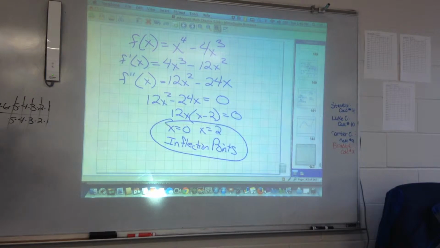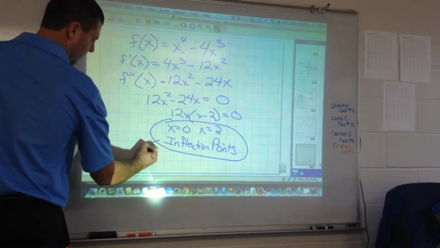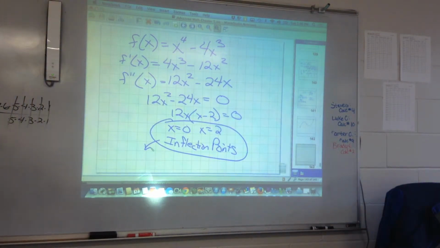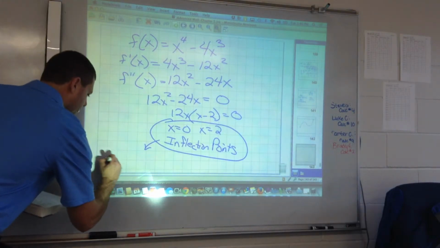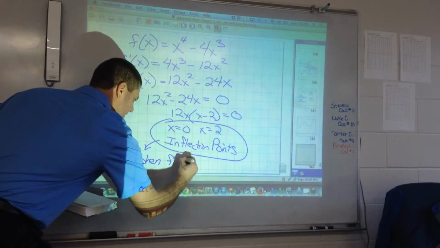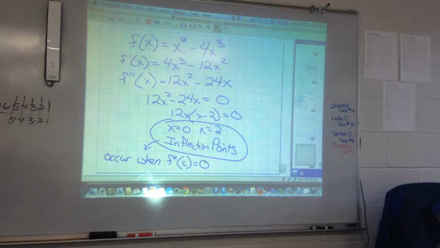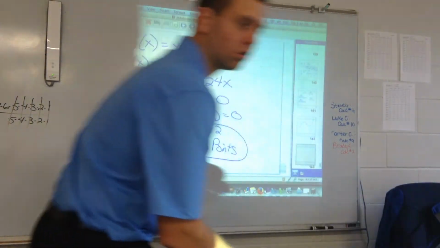So then we put those on a number line? Yep, we'll put that on a number line. Again, just to make sure you have it, I don't know what you've written down in your notes, but inflection points occur when f double prime of c equals 0, so when the second derivative equals 0, or when the second derivative does not exist at c.